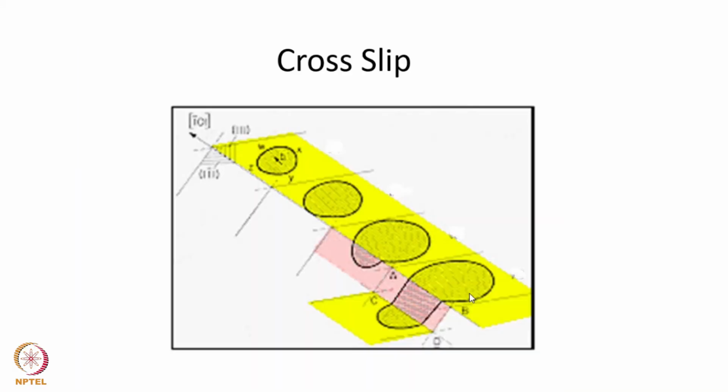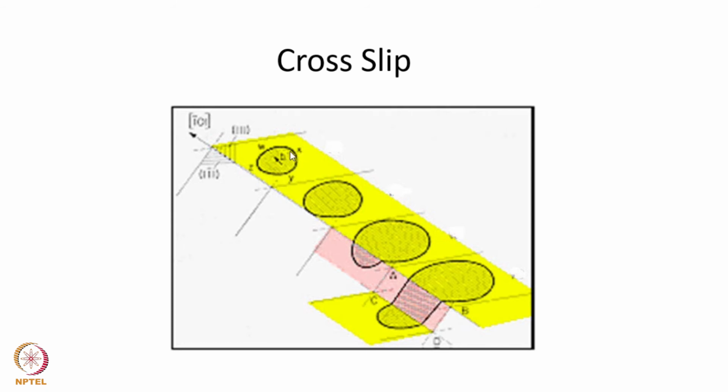Here, this is a diagram which depicts the cross slip. Here you have a dislocation loop. One side of the loop is edge in nature, and another side is screw.